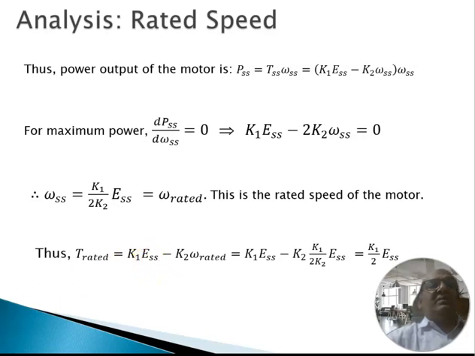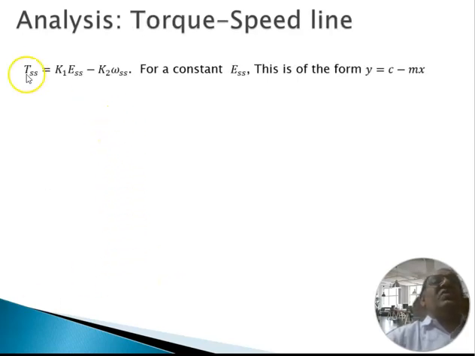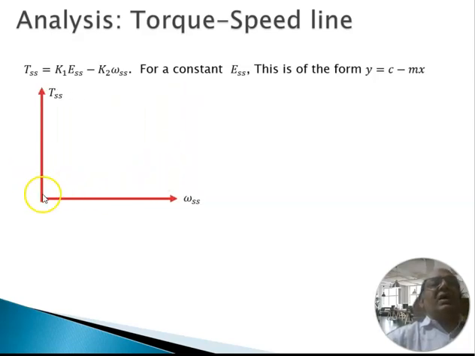We see that this equation is of the form y is equal to some constant c minus the slope into a variable, so y is equal to c minus mx. We note that and draw the characteristics as shown here. Along the x-axis, we have plotted the steady state speed. Along the y-axis, we have plotted the steady state torque.